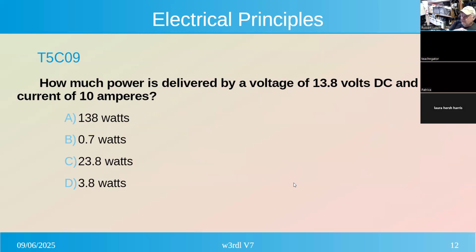How much power is delivered by a voltage of 13.8 volts DC and a current of 10 amperes?